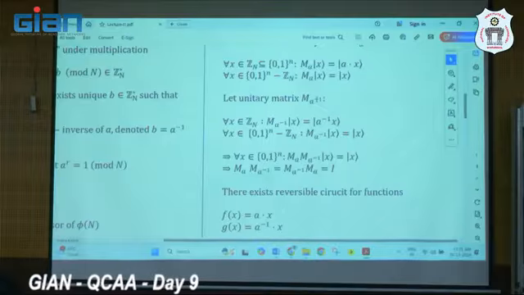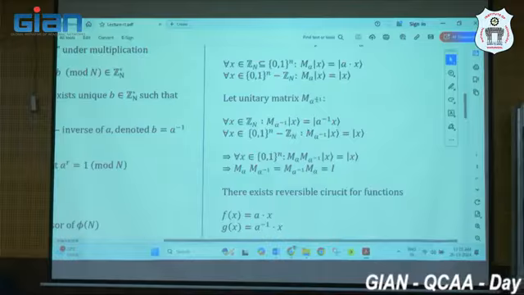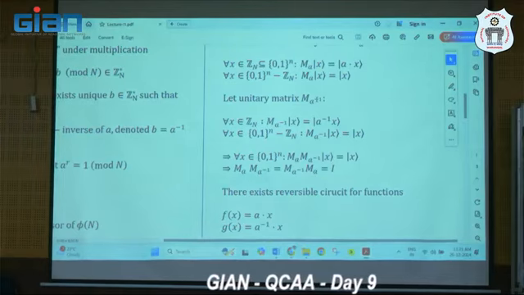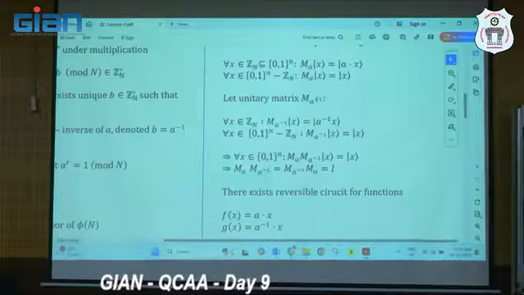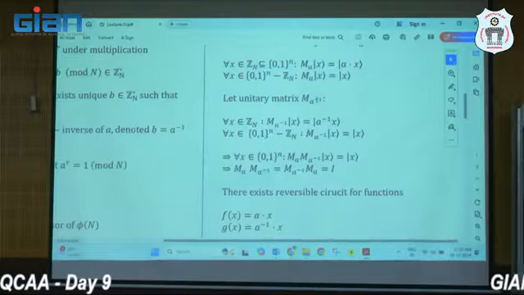If f of x equal to a times x is a reversible, one-to-one function, then g of x equal to a inverse times x is also a reversible function, correct? Remember our discussion about reversible functions. We will have reversible circuits for that reversible function.